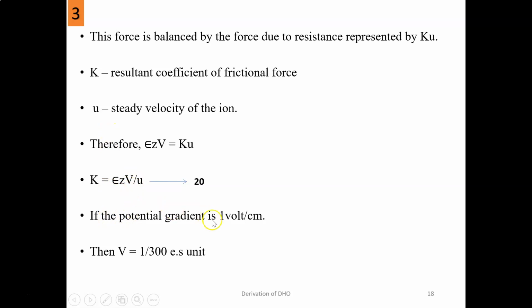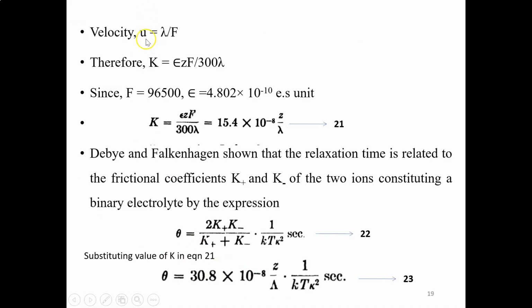If the potential gradient is 1 volt per centimeter, you can have V equal to 1/300 electrostatic units, and the velocity u will be equal to λ/F. There is a relation u = λ/F, and K will be equal to εzF divided by 300λ.